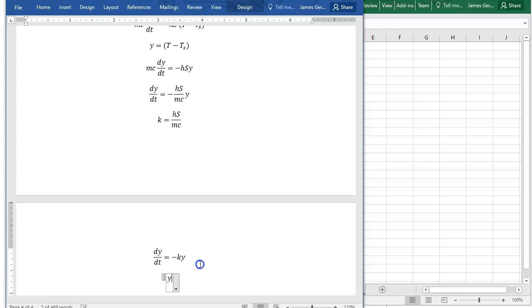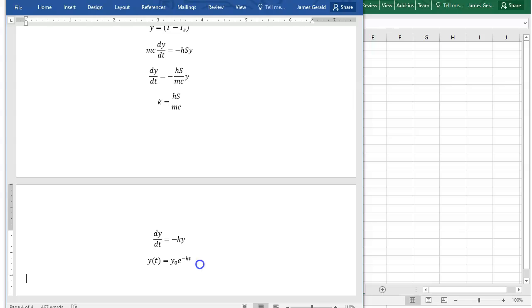Now we know the solution to this. Y as a function of time is y naught, our initial value, e to the minus kt. So we've got that. Again, what is y? Y is T at whatever time minus TS. What is y naught at t equal to 0? Well, that's T of the body minus T of the surroundings, times e to the minus kt.